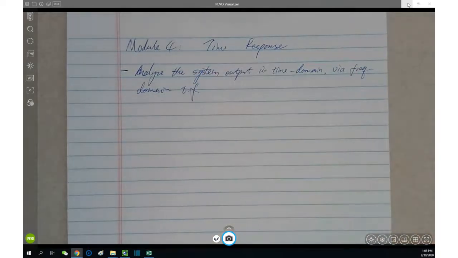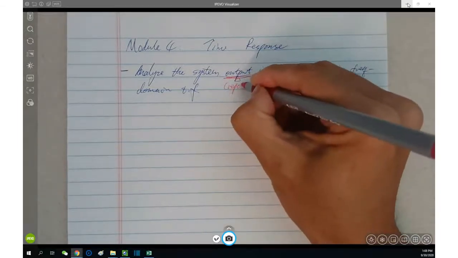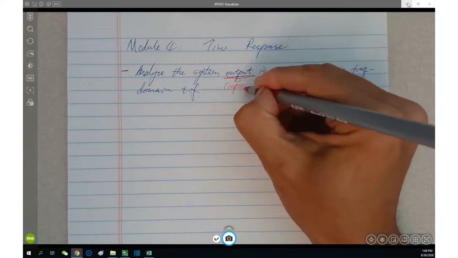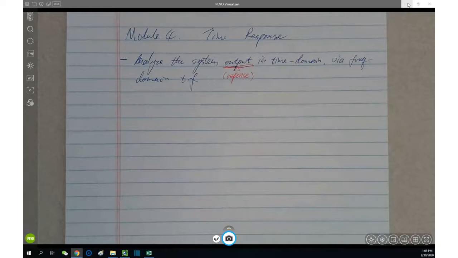And being clear, the system output, who is the output? The output is nothing but, we call it response. Output is nothing but response.